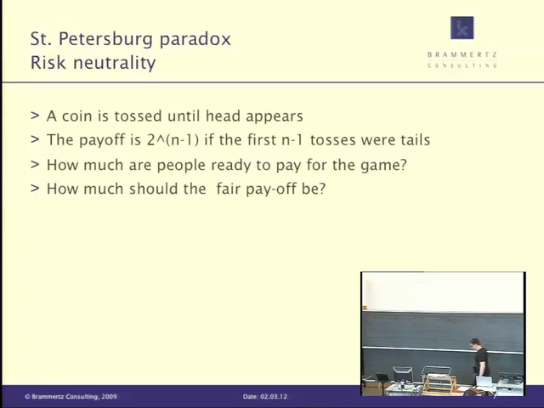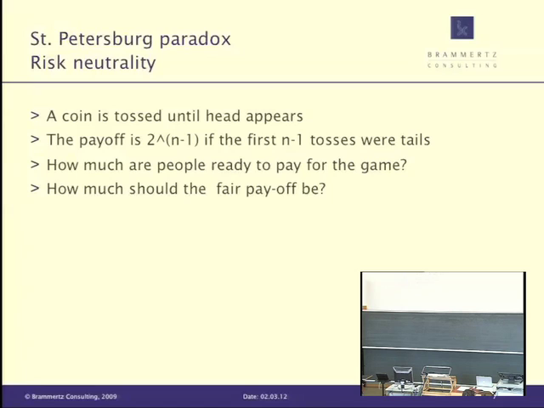We toss a coin, and the payoff is 2 to the n minus 1 power if the first n minus 1 tosses were tails. I explain it in a slightly different way. Let's assume you toss the coin and it is tail.